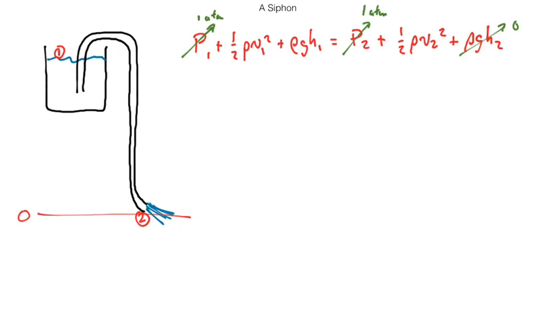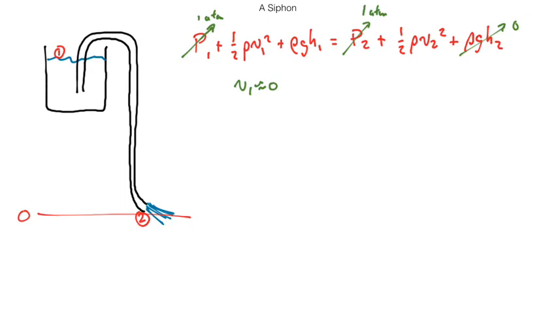Engineers will often make this simplification, especially in systems like water towers, where the water is being fed in at the top at the same time as being taken out the bottom. The water level is basically not moving. You're not losing or gaining any water. So you can safely assume that the speed at point 1 is close enough to 0 so as not to matter.